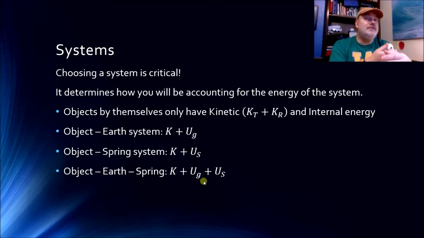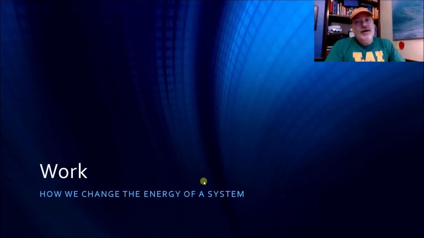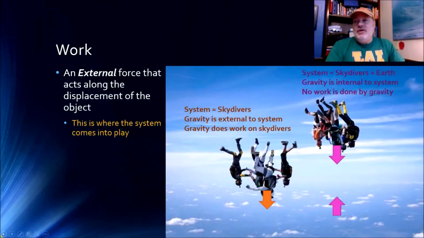Not wrong, just different. We're going to talk about the idea of work and how it changes the energy of a system. External forces that act along the displacement of the object will do work. And here is where this whole idea of systems comes into play: how you're going to account for the force of gravity and the force of a spring.